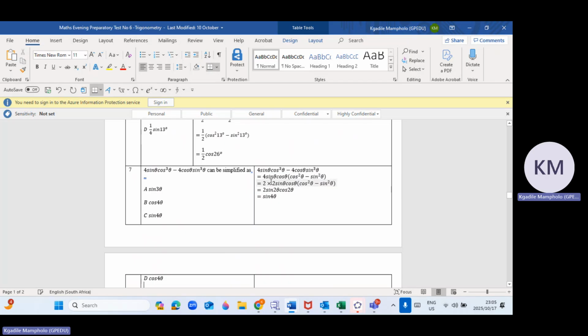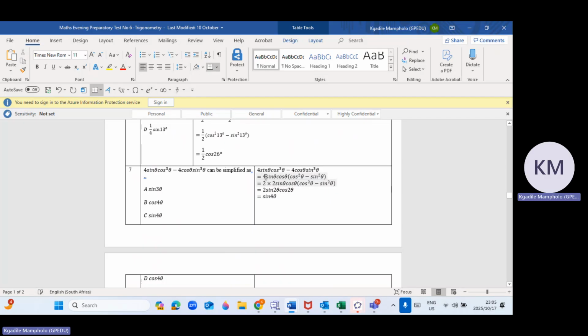Let's check here. 4 is a common factor. Sine is a common factor. Cos is a common factor. Then it means a common factor will be 4 sine theta cos theta. Then here will remain with cos squared. Here will remain with sine squared. Now, cos squared minus sine squared is cos 2 theta.